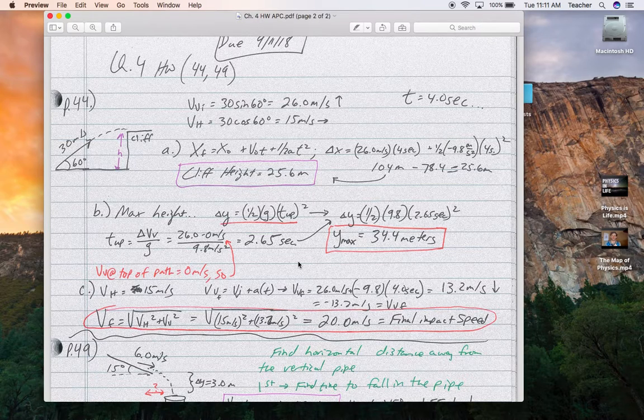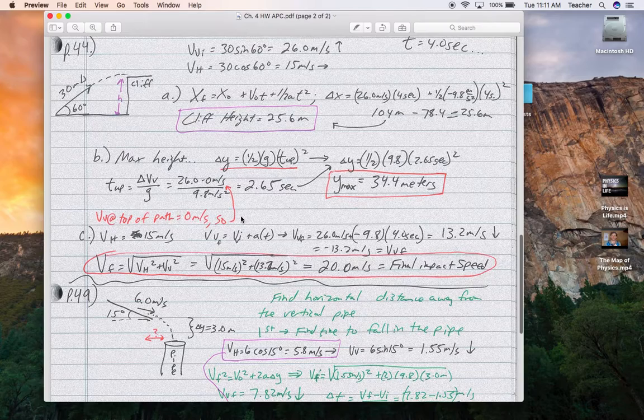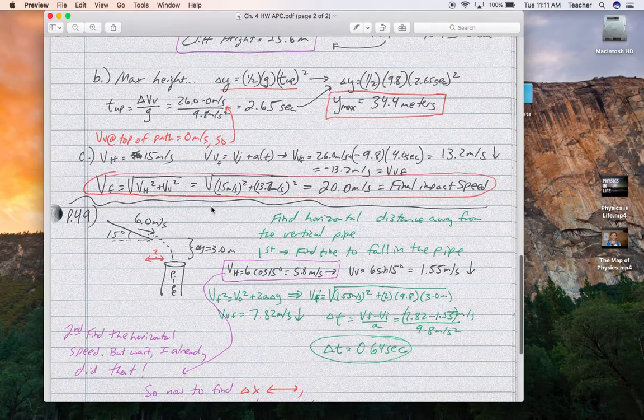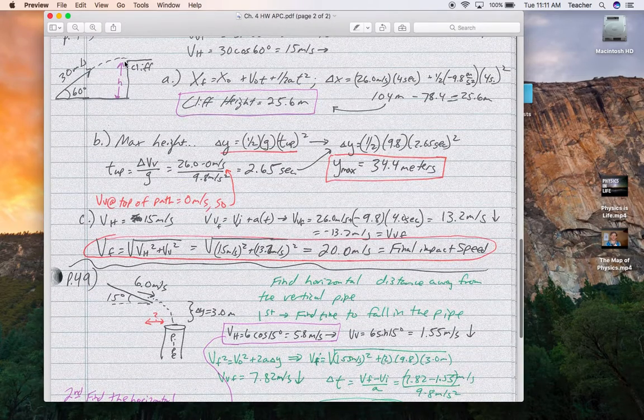At any rate, part C is asking the final speed as it hits. So actually I should have drawn it where it's coming back down like that and arcing back down. The horizontal velocity is going to stay the same, 15 meters per second. The final vertical velocity, I can use this formula to find out, which is my initial vertical velocity plus acceleration times time.